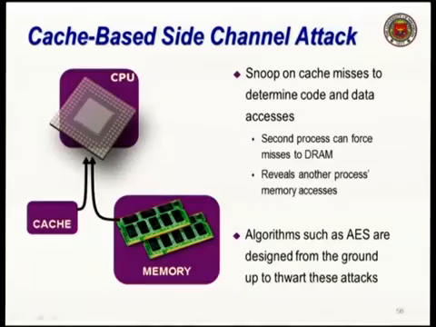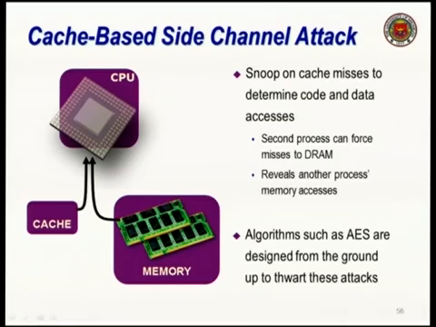So here's an example of a side channel attack that was performed on DES, the old encryption standard. You take a system that's running DES, and if you're a user on that system, you continually invalidate the cache of the system. What is the cache? The cache is a piece of memory close to the processor that holds memory for fast access. You always know where memory goes in this cache.